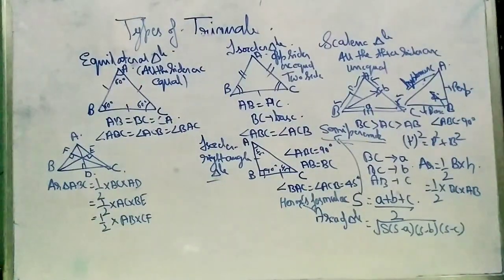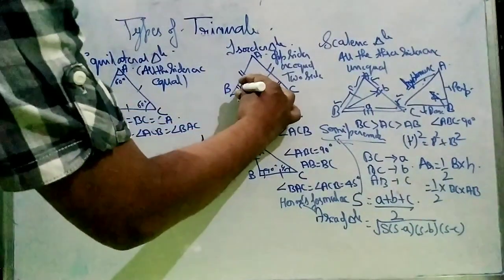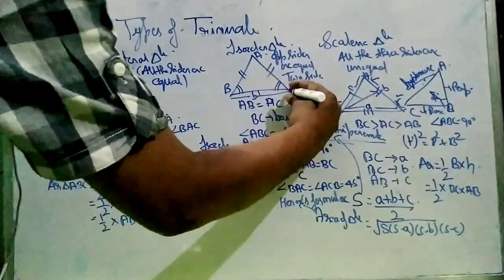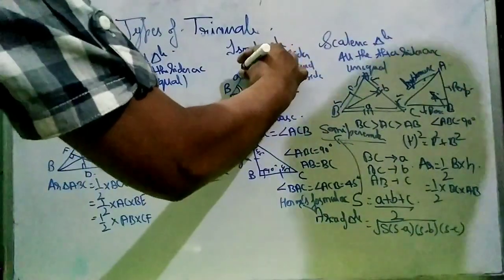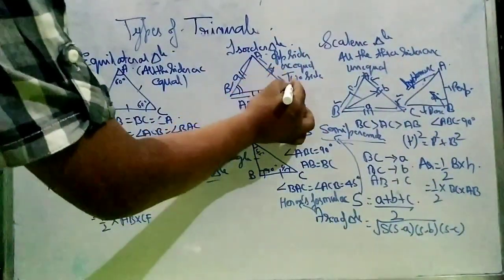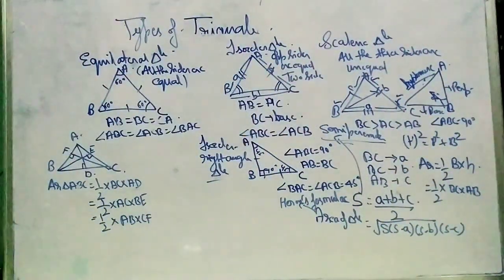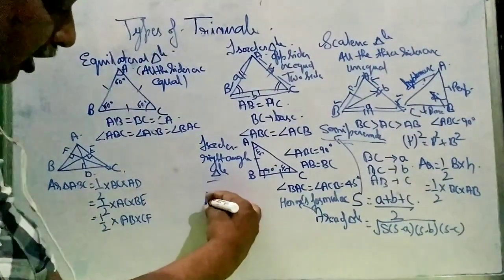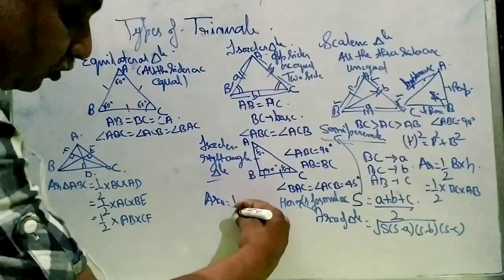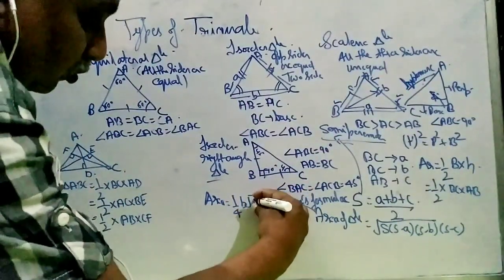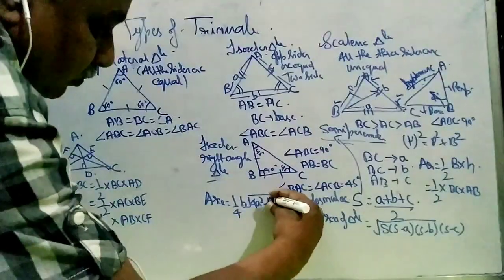Now if an isosceles triangle is there, in which the base is denoted by small b and the other two equal sides are equal to a, and if we have to calculate the area, then for the area of an isosceles triangle, directly you can use 1 upon 4 b under root 4a square minus b square.